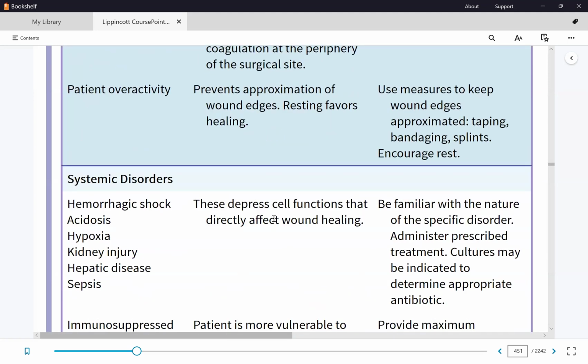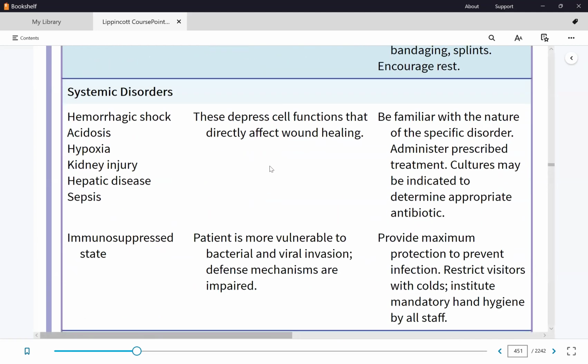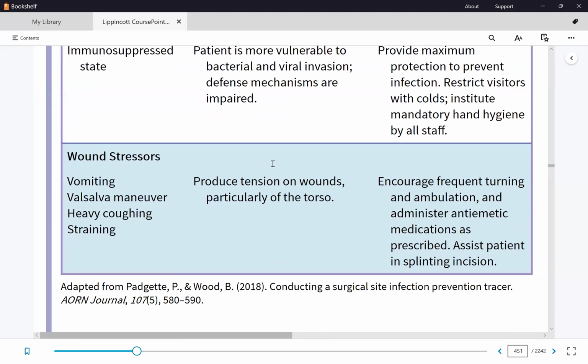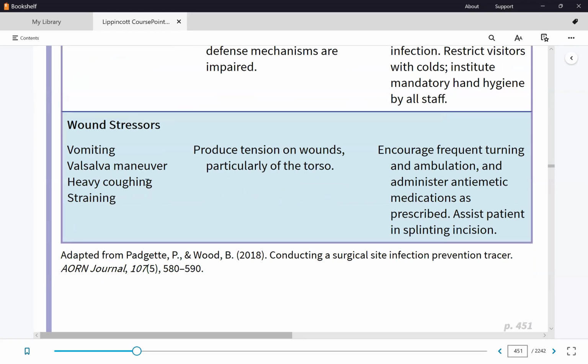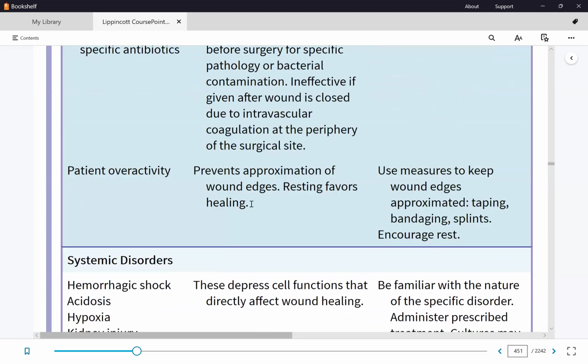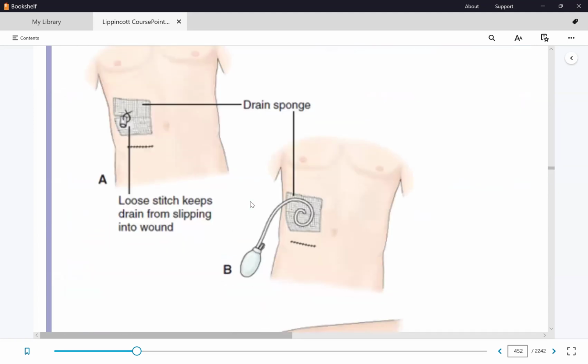It's really important to be given 1 hour before the first incision. And here are your other factors that will affect wound healing. We already mentioned vomiting earlier, and the immunocompromised state, and of course, the patient's nutrition.